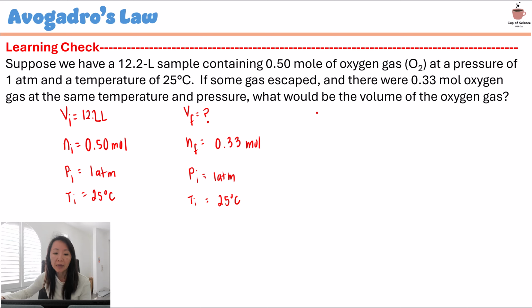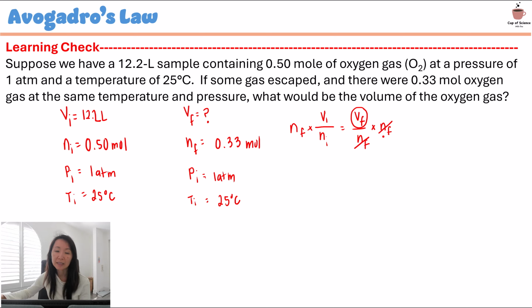Let's write down Avogadro's law, which is Vi over Ni equals Vf over Nf. We want to look for V final, so we want this equation so that V final is by itself. I will do that by multiplying both sides by Nf.